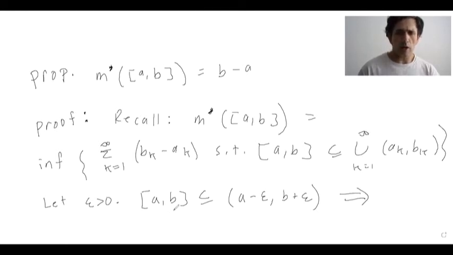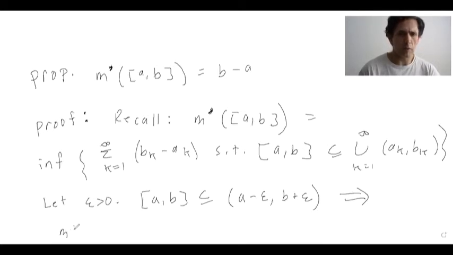Okay, right, so I have an open cover of a to b. So m star is the infimum of all these possible lengths for all possible countably infinite or finite open covers by these intervals.